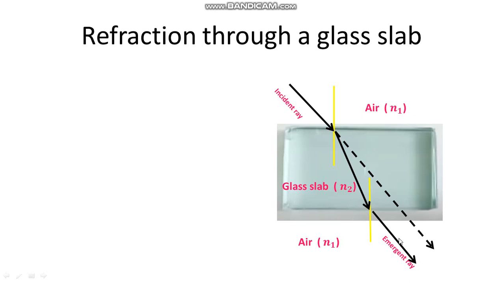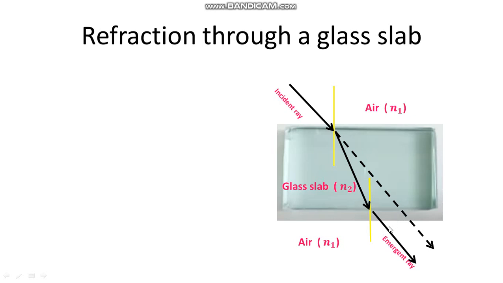Now if there is no glass slab, what happens? The incident ray does not change its path. This dotted line shows the direction of the incident ray when there is no glass slab. Because of the glass slab, the incident ray changes its path. In what manner does it change? The emergent ray is parallel to the incident ray.